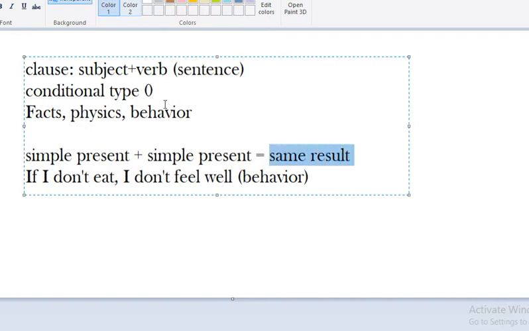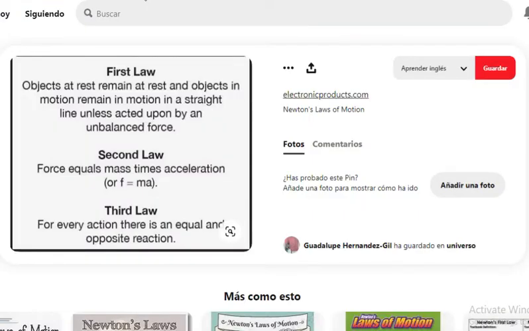And it is also used to explain facts and physics too. This is a good example of physics facts. Actually, the Newton laws are a good example because they are related to consequences. Another thing in physics facts: if you heat water, it boils.